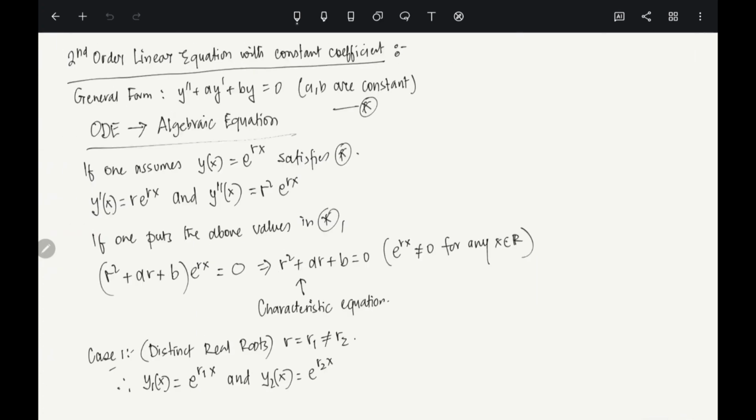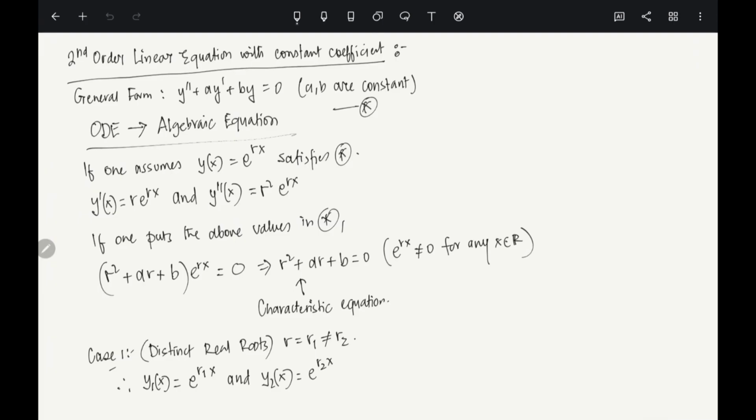Now, this is a linear equation, so check that if y1 and y2 solve star, this y1 and y2 is of this form, but basically this holds for any two solutions.